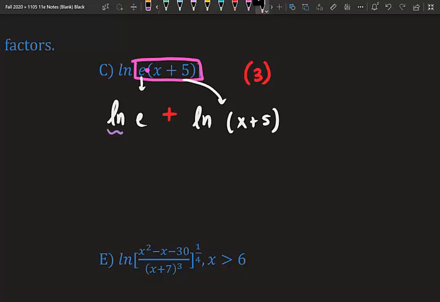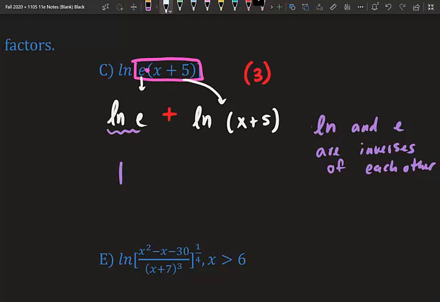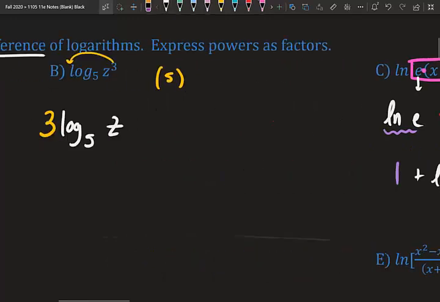I'll tell you why. ln and e are inverses of each other. So you know how when we switch e, we switch it to ln, and when we have ln, we switch it to e? So these are already inverses of each other. Inverses cancel each other out, so we're actually left with 1. So we have 1 plus ln of x plus 5. So that's just something that we need to pay attention to.